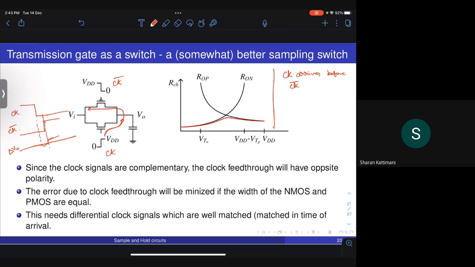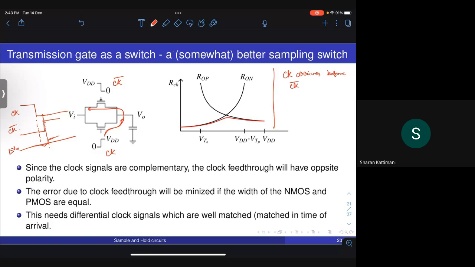If clock and clock bar had come exactly at the same time, both the switches would have turned off exactly at the same time. The clock feed through because of clock and clock bar would have come at the same time, and since the switch was off, they would have had to go into the output capacitor only, and each would have produced a voltage of plus delta V and minus delta V respectively, which would cancel each other.